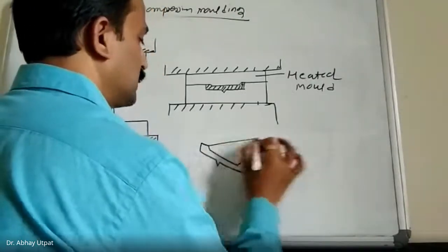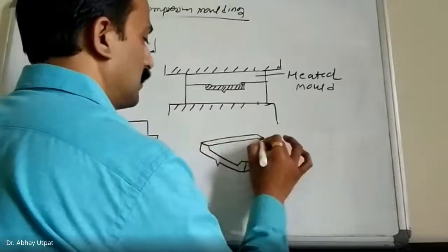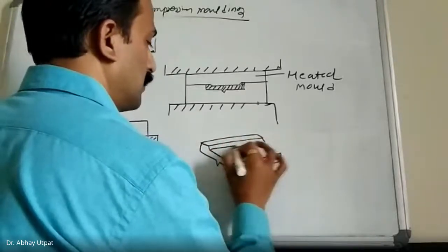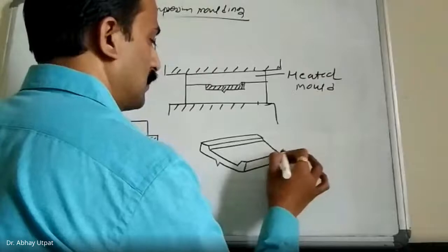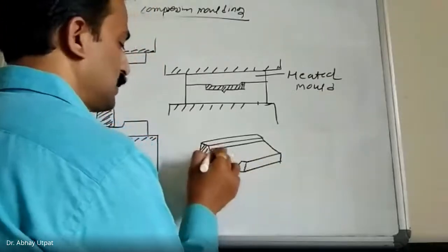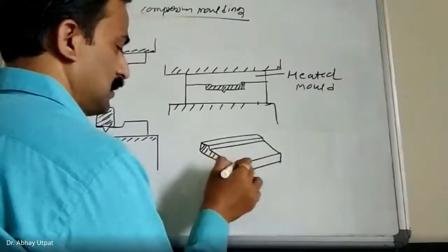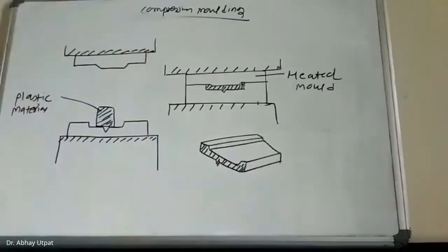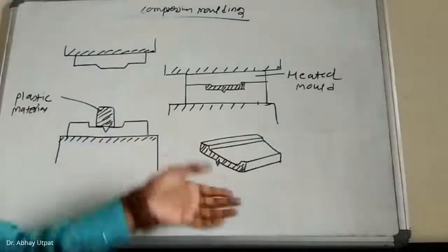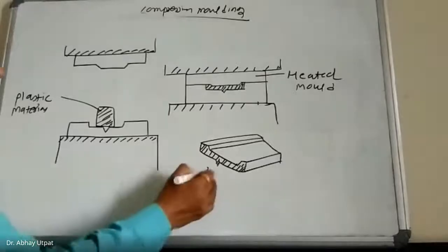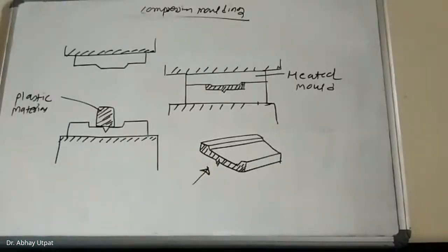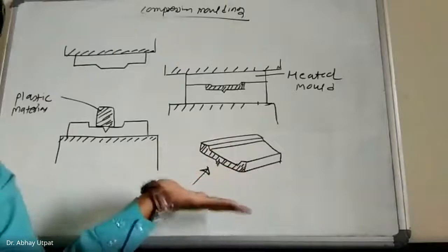I will not hatch everywhere, only this part I will hatch. So it has some depth inside. From this side, we have shown this thick component like a plate, like a tray.